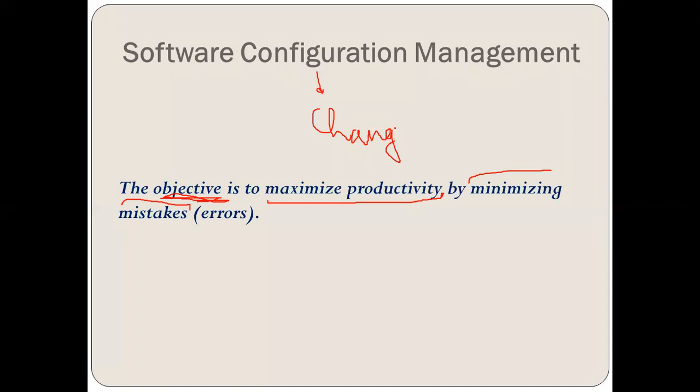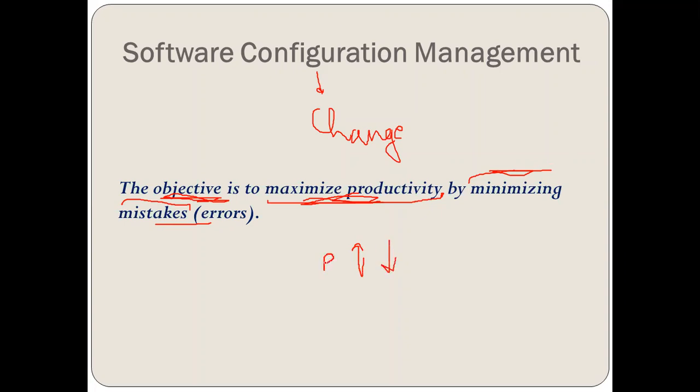The change is required because I want to improve the software. I want to improve its performance, its response time, its productivity. So I am implementing change to maximize productivity with the help of minimizing errors. When I minimize the errors, obviously the productivity will increase. So it is a vice versa process.